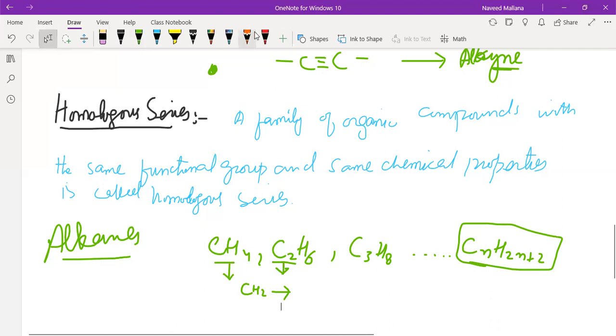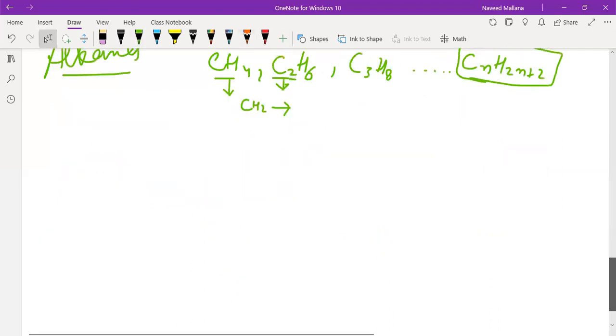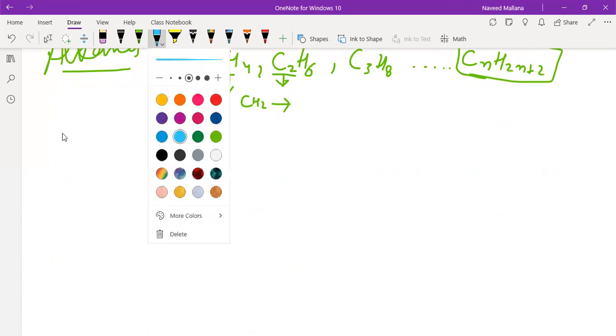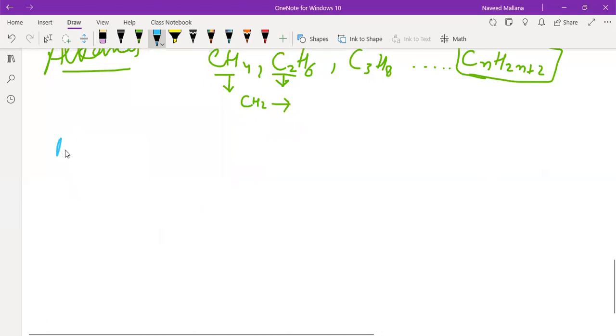Similarly, we take one more example of the homologous series, that is alcohol. What is alcohol? As I have already told you, alcohol contains OH as a functional group.